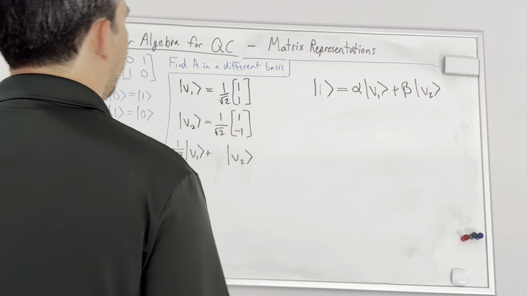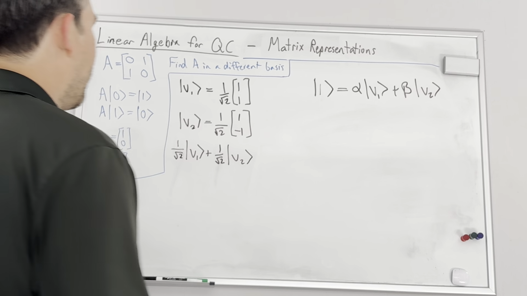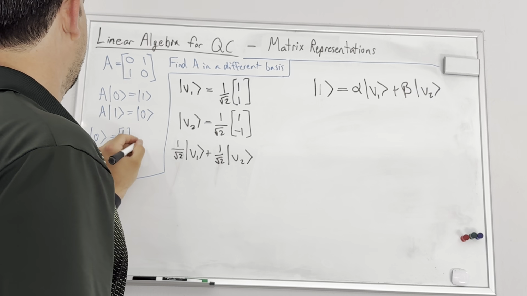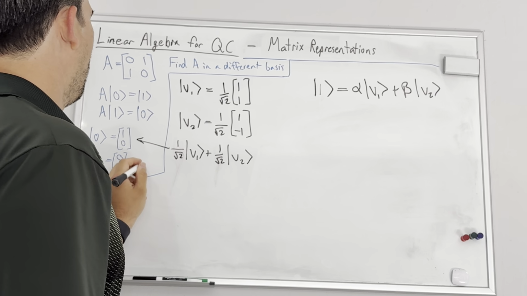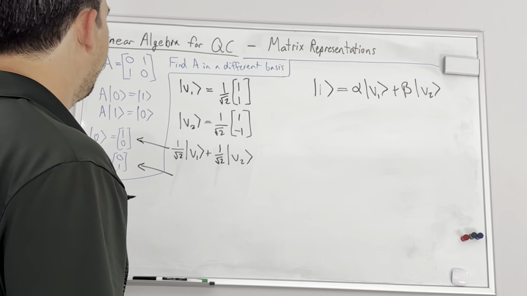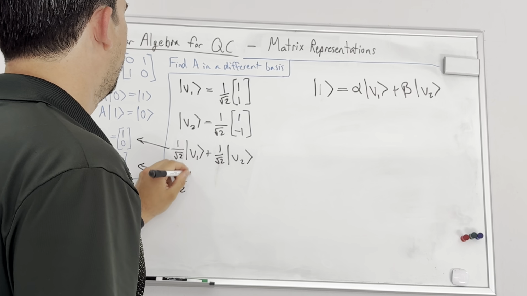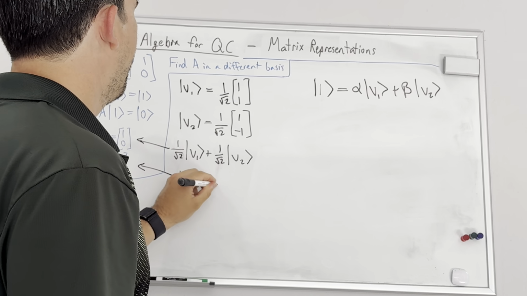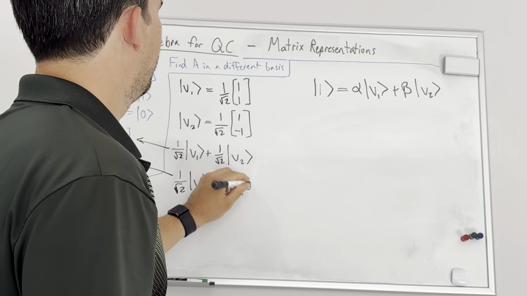Mathematicians hate it, but physicists like this notation. Don't ask me why. Okay, and that is still the exact same thing as the 0 vector, and the 1 vector can be rewritten as 1 over root 2 v1 minus 1 over root 2 v2.